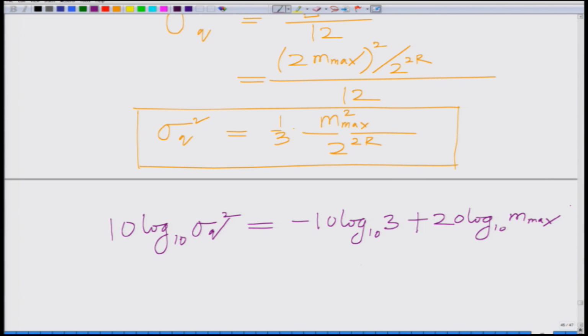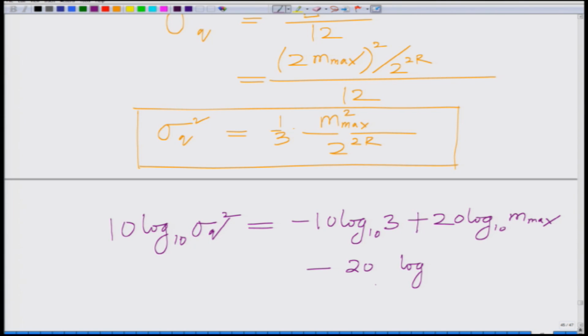minus 20 r. Since 2 to the power of L equals 2 to the power of 2 r, we divide by 2 to the power of 2 r.